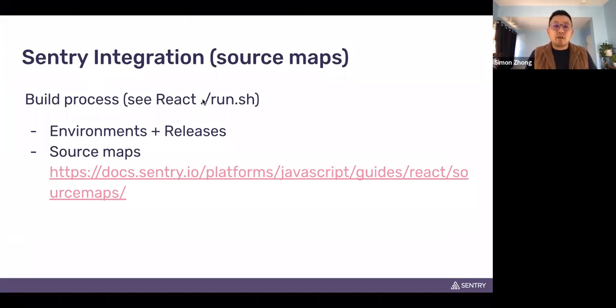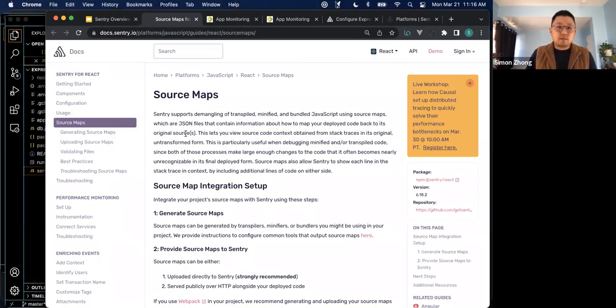So in our React project, I've got source maps set up, and I've also set the environments and release details through our run script. Source maps specifically, I think we're all a little familiar with, where our production level code is minified for optimal performance, right? But that makes it a little complicated for us to decipher what the stack trace is, because it's minified. It's not human readable. So the solution to that is uploading your source maps to Sentry.